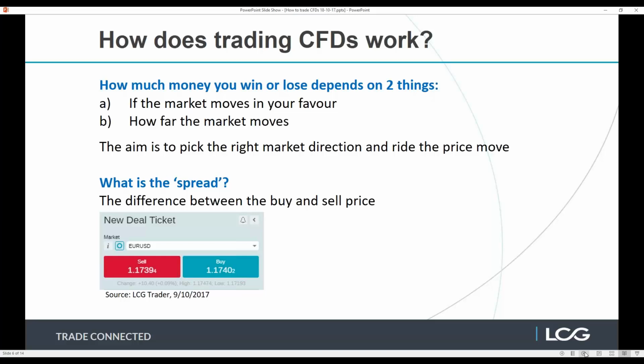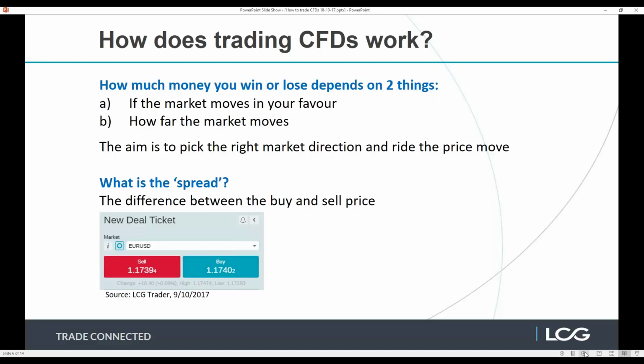So how does trading CFDs work? The crux of it is that how much money you win or lose depends on two things. A, if the market moves in your favor. B, how far the market moves. So obviously if it moves in your favor, you're going to be winning. If it moves against you, you're going to be losing. But then if it moves for you a long distance, you're making a big profit.